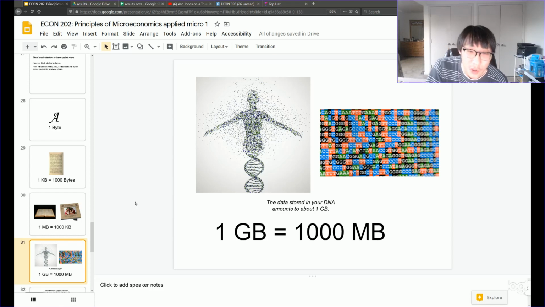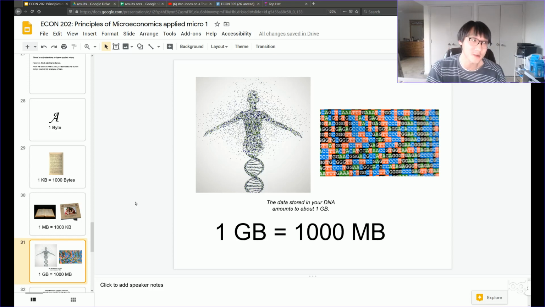It's also, coincidentally, roughly the amount of information stored in the human genome. Think about all the information in the DNA of a single person. That contains all of the genetic information needed essentially to create and run the body of that person. That's about 1 gigabyte's worth of data.